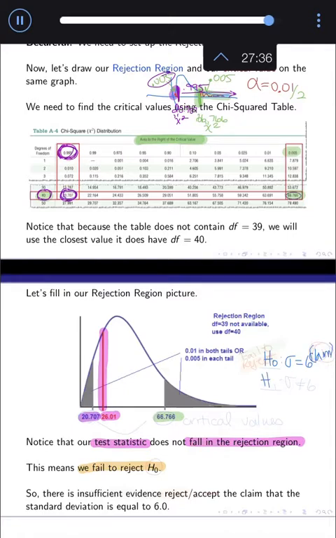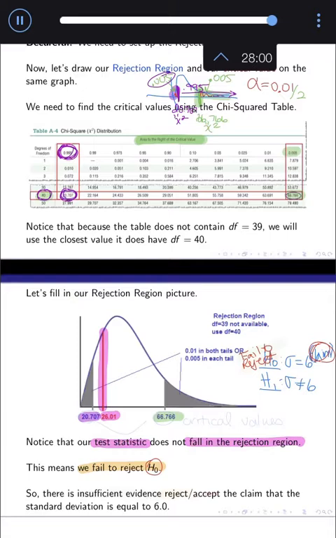And then we had our H1, which was that the standard deviation was not equal to 6. Remember that we're going to fail to reject H naught, which also happens to be our claim.